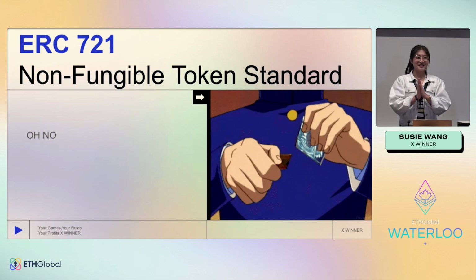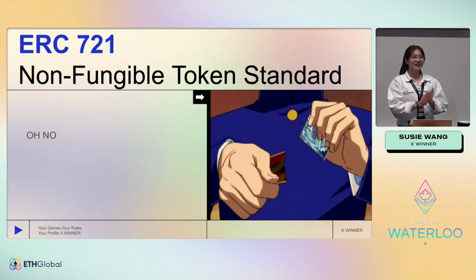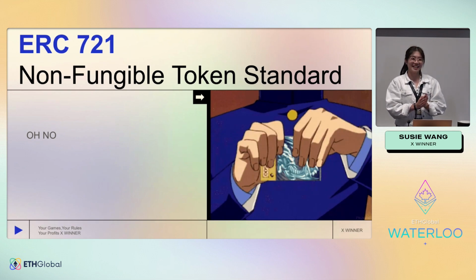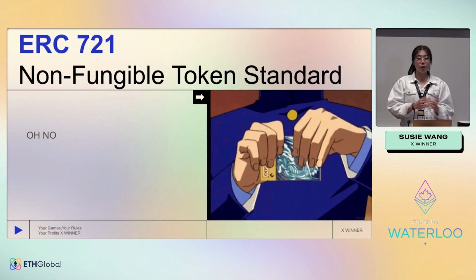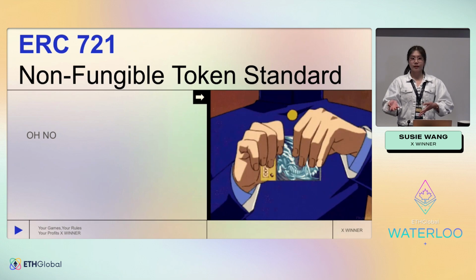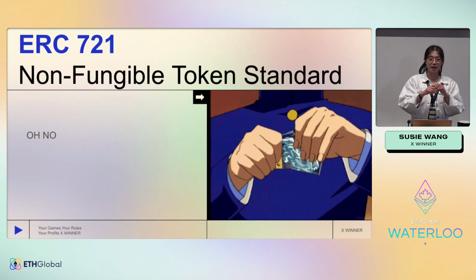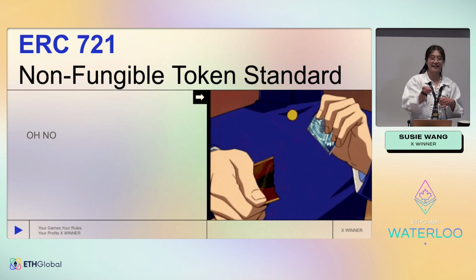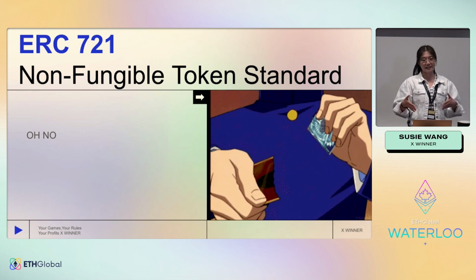An analogy that I like to use, if you guys have watched the anime Yu-Gi-Oh! It's the last century anime and also a card game. So if I want to share a Yu-Gi-Oh! card with my sister, I cannot really tear it in half and send her half of that without losing its value.